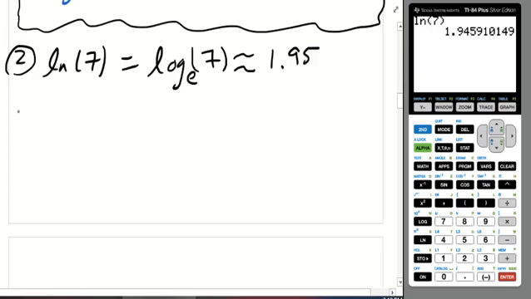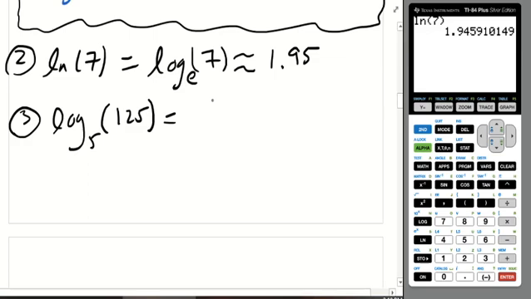But if it's not in that form, say, log base 5 of 125, we could rewrite that in terms of log base e or log base 10, and I'll show you that in a minute.